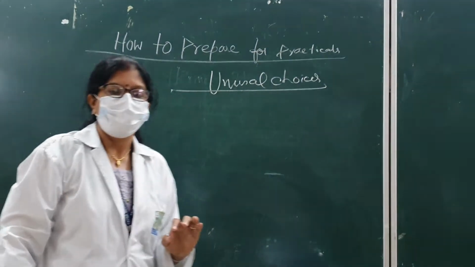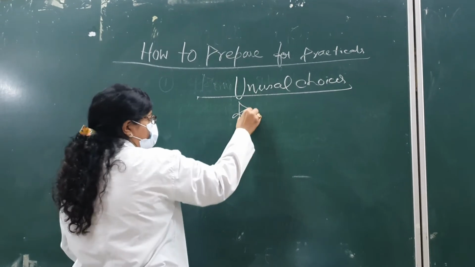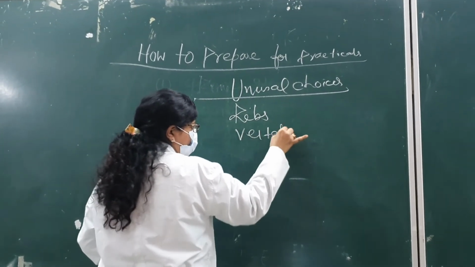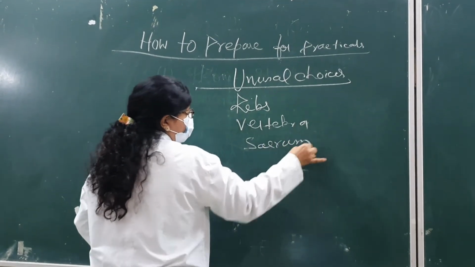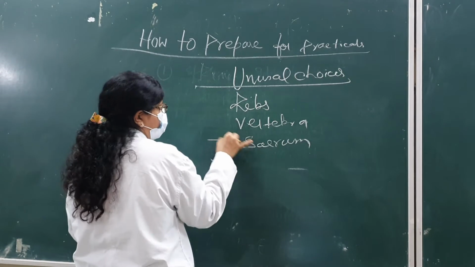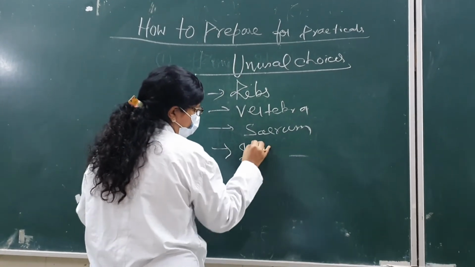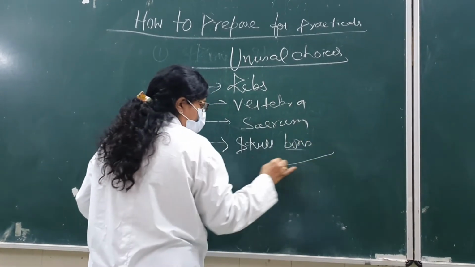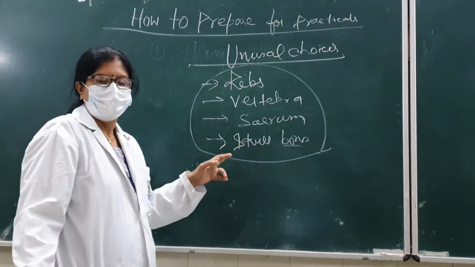What are the unusual choices? Like we have ribs, we have vertebra, we have sacrum, we have skull bones. So you can make choices with these.